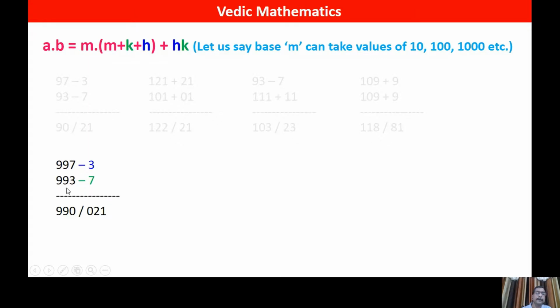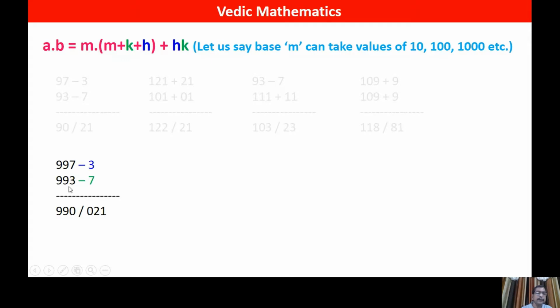So 1000 minus 3 minus 7 is 990, at the thousands position. When the base is 1000, there will be 3 digits remaining, so 7 into 3, 21, you have to put in 3 digits. So you put 021. So the answer for this multiplication becomes 990,021.